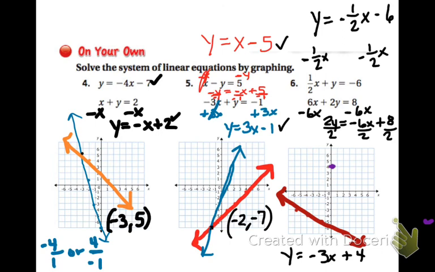So I'm coming down 1, 2, 3, and over 1, down 1, 2, 3, and over 1, and so on. So it looks like right there is where it's going to intersect, off the graph. Of course it is. All right. So let's see where that is.